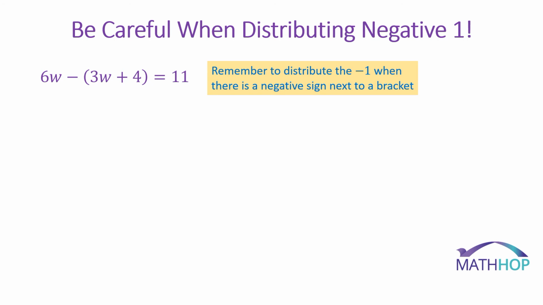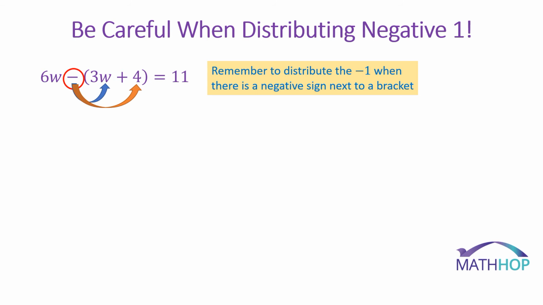Anytime you see a negative in front of those brackets or parentheses, remember to distribute the negative 1. So let's grab it. Let's distribute it to 3w. So we're going to have a negative 3w. That normally is okay. What gets forgotten is saying now I have a negative 4 because of those parentheses.